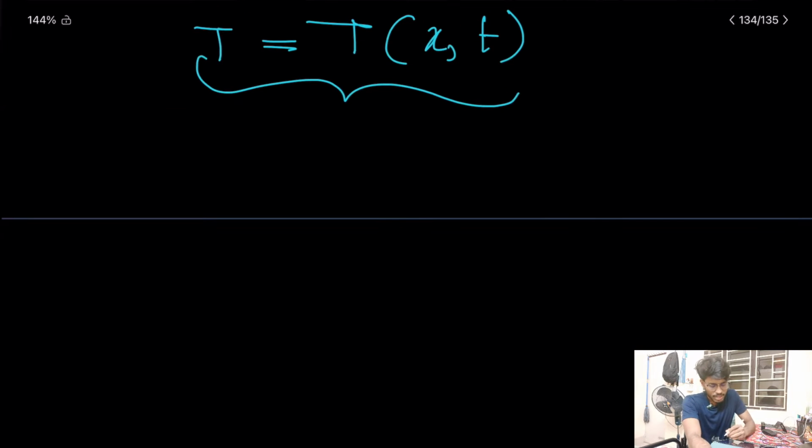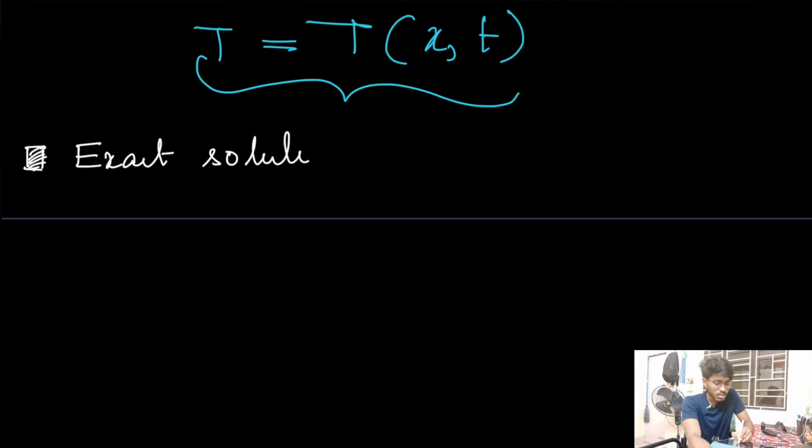Let me tell you that these kind of problems have two types of solutions. The first type is the exact solution, but only for some fixed boundary conditions. Remember, the boundary conditions have to be fixed.